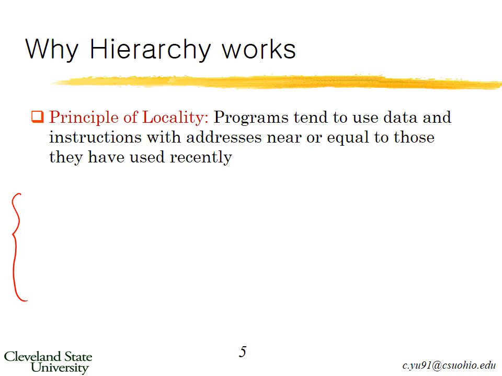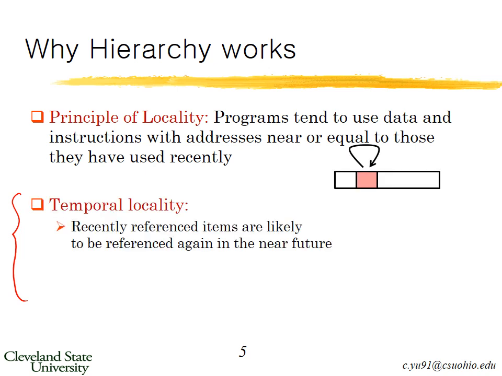The principle of locality has two forms. One is temporal locality. The other one is spatial locality. There are two pictures on the right-hand side. The top picture is temporal locality, and the bottom one refers to spatial locality.